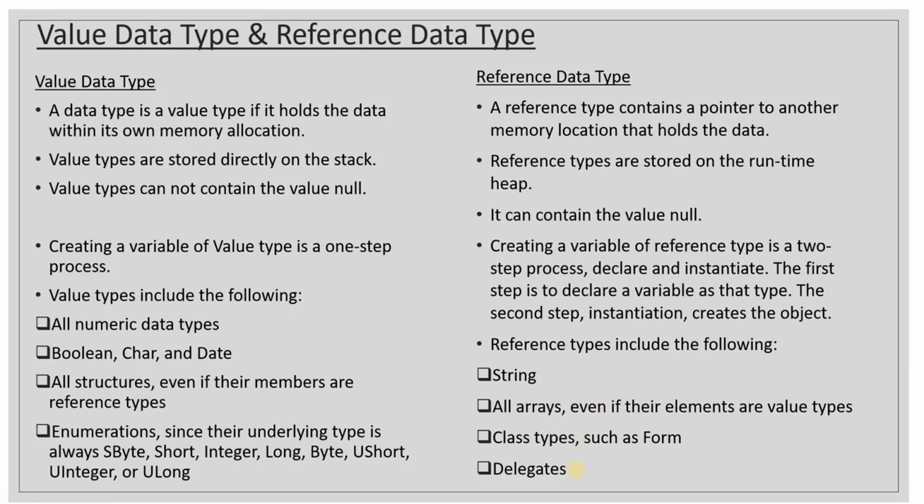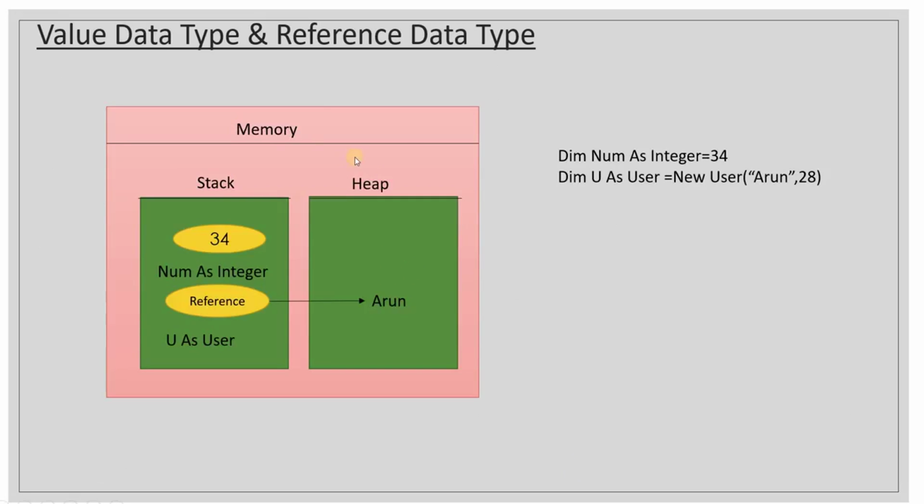Now we take a small example of value data type and reference data type, so this topic will be clear for you. In memory, I told you value data types are stored in the stack, and reference data types are actually stored in the heap.